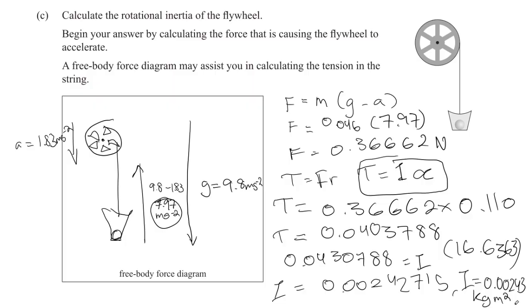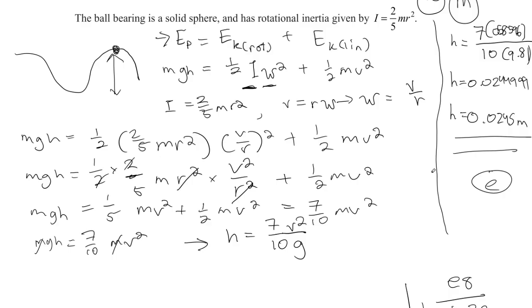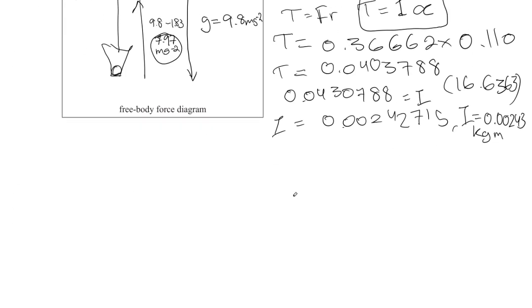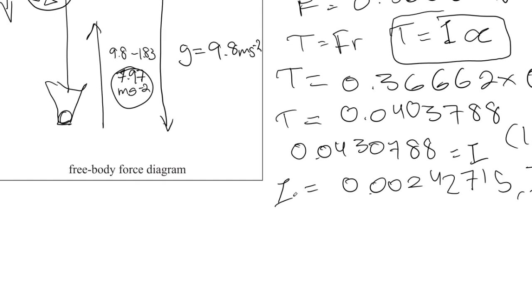You might be wondering where these units came from. Scroll up: from this equation, rotational inertia equals mass, measured in kilograms, times radius, measured in meters squared. So what do you get? Kilogram meters squared.